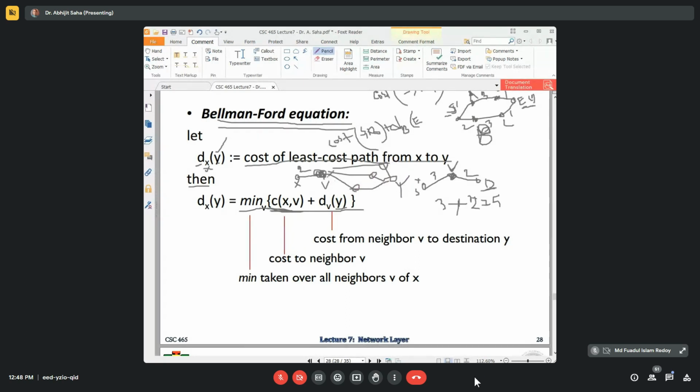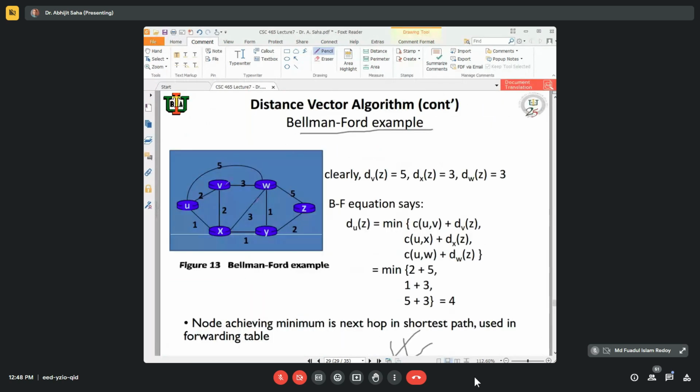Yes, sir. So now from this node you find out which path cost is going to be minimum. That is Dv to y. So if it is 1 plus 2, 1 and then 2, which one is least cost? This one, right? So that means your Dv(y) here is 2. Understand? Yes, sir.